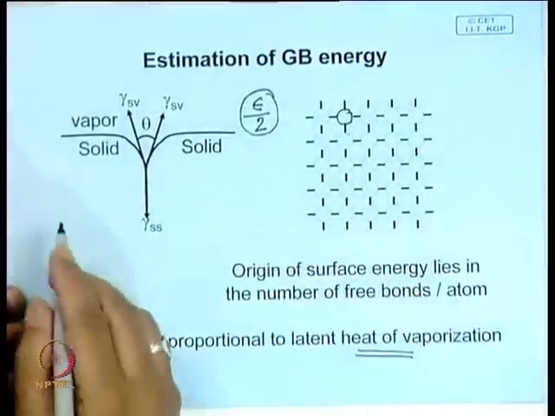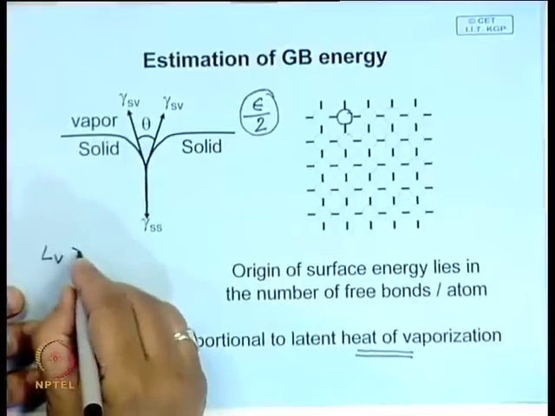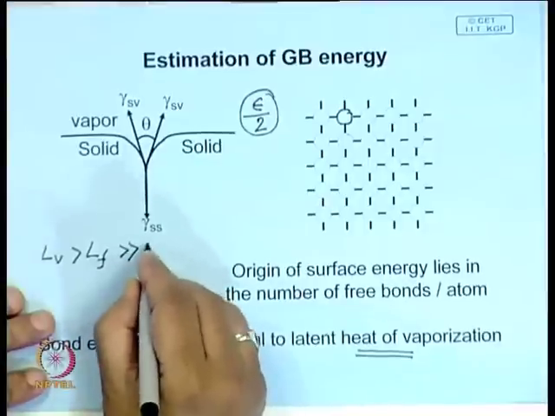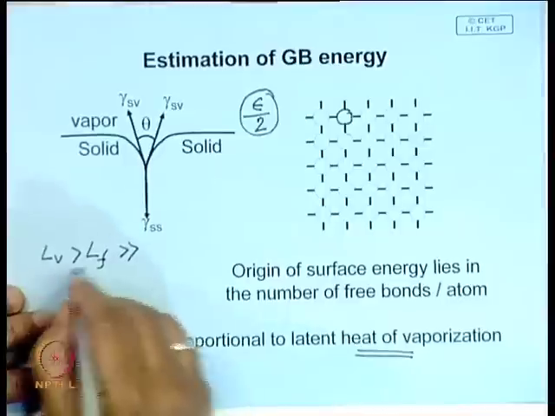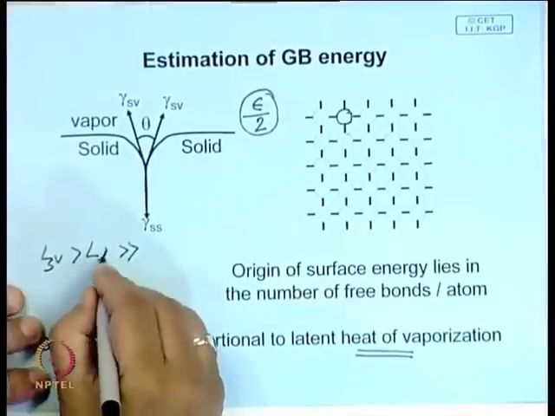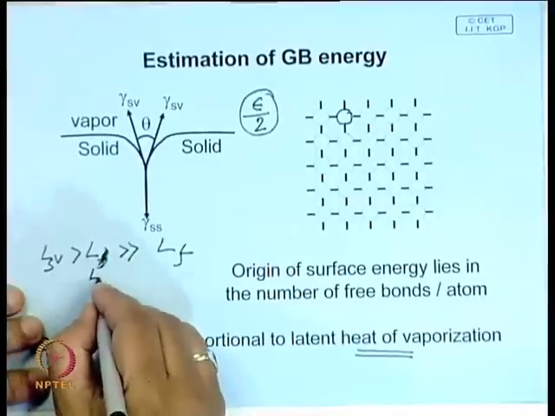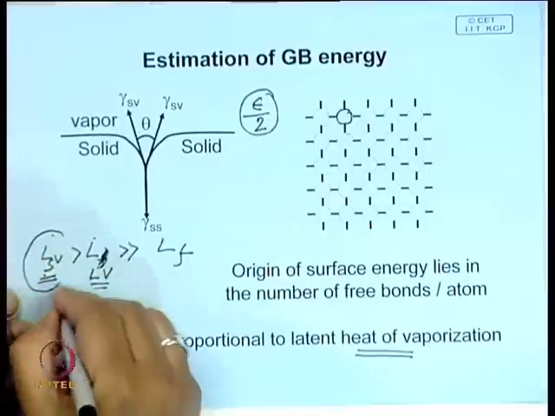It is found that always this grain boundary latent heat of vaporization is greater than latent heat of fusion, and it is much greater than, sorry, this is solid to vapor, this is much greater than latent heat of fusion. This is from liquid to vapor, latent heat of vaporization, liquid to vapor. This is latent heat of sublimation from solid to vapor, and always this is the highest.